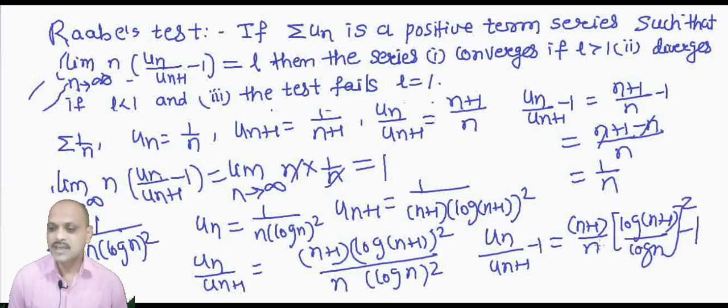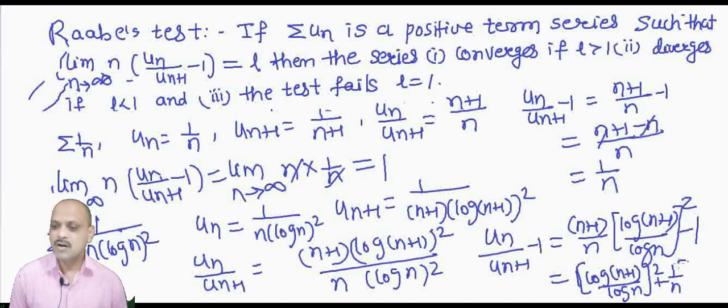Now friends, we write this as, dividing by n, we get 1 into log of n plus 1 divided by log n whole square, plus 1 by n into log of n plus 1 divided by log n whole square, and this minus 1 we write as minus 1.